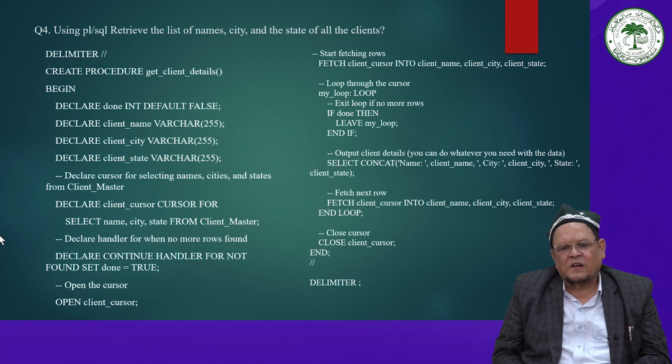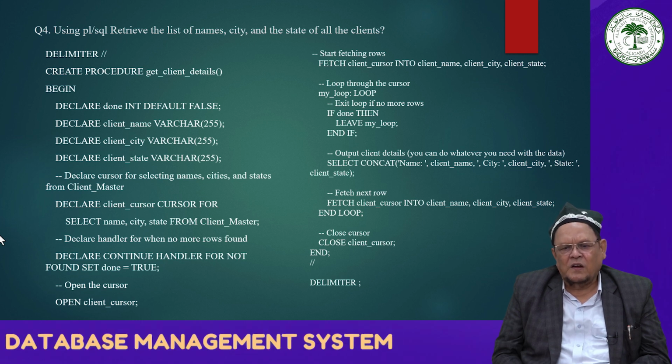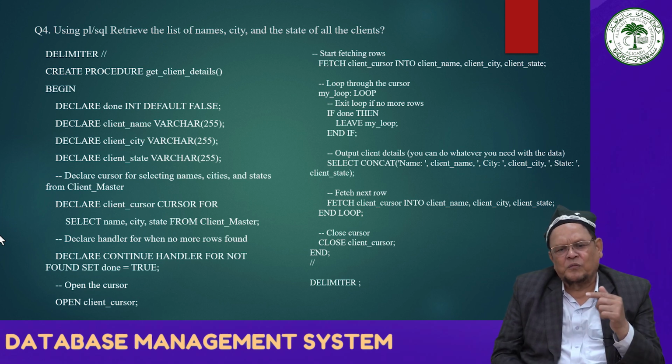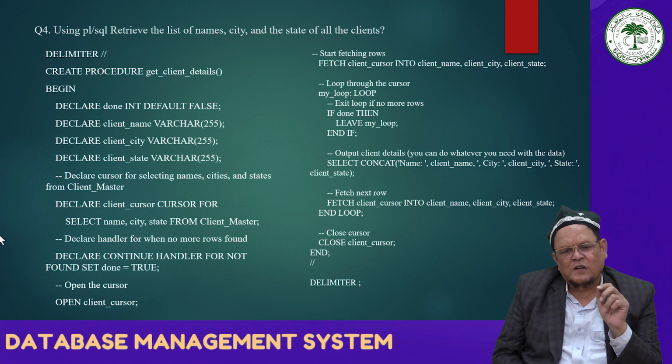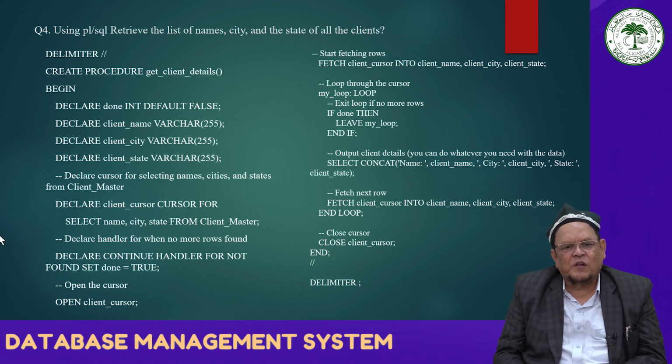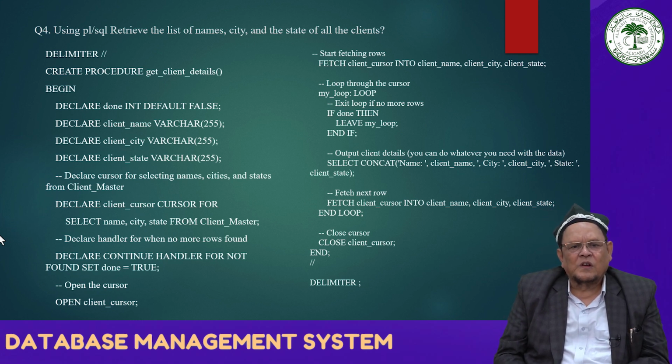Select name as client_name, city as client_city, state as client_state, whatever. So here it fetches one row: fetch client_cursor into client_name, client_city, client_state, and then end loop. Then you have to close the cursor, close client_cursor. In this way we are able to retrieve the list of all name, city and state of the clients.